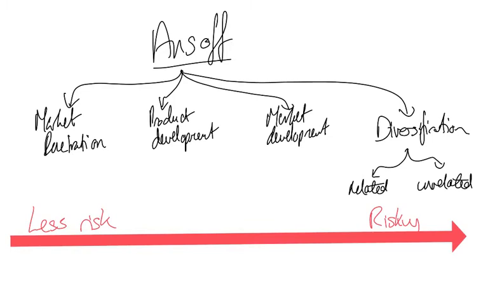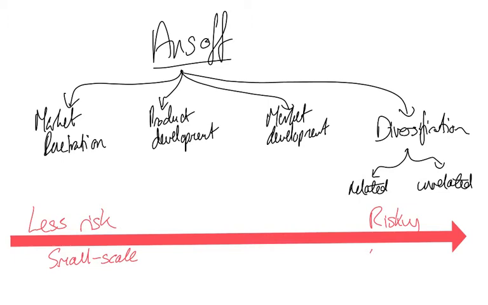And obviously, the greater the risk, the greater the strategic implications of what they are doing, and the more strategic decisions they will have to make. On the left-hand end, okay, the decisions which are going to be made are generally relatively small scale, and will primarily focus on kind of minor tweaks to operations and marketing strategies.